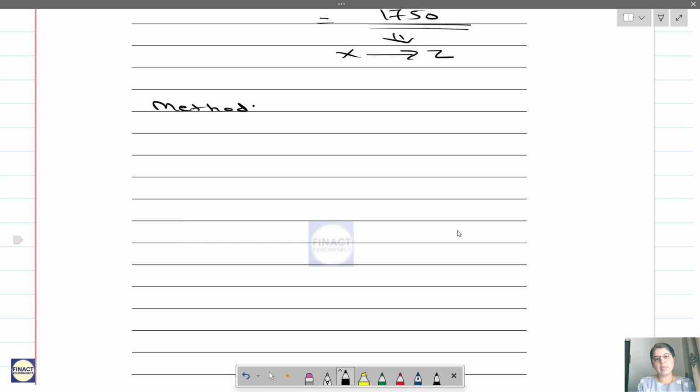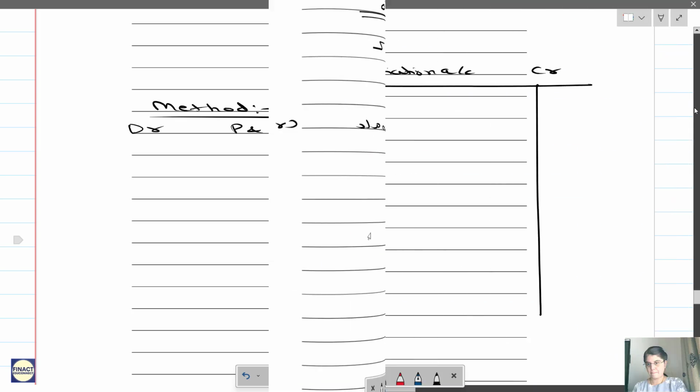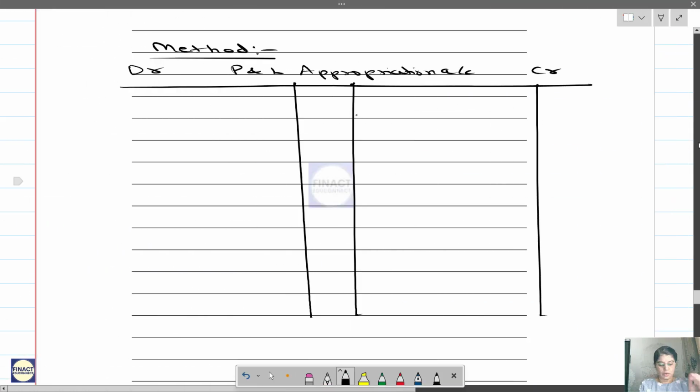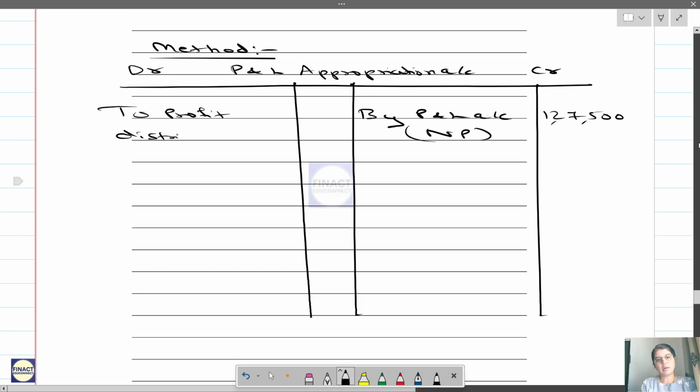So method 1 is to prepare the profit and loss appropriation account and adjust in that. Okay, so how much was the profit? By P&L account, net profit, you have 1,27,500 and then this profit needs to be distributed to partners' capital.